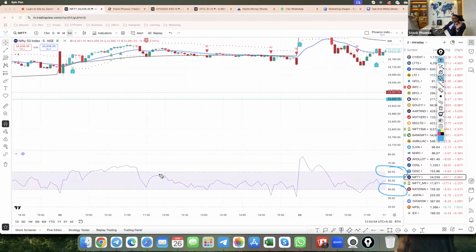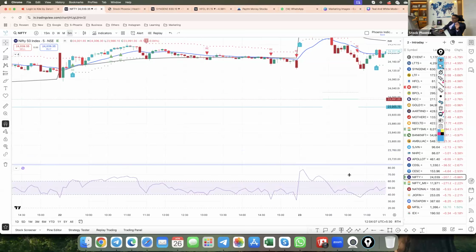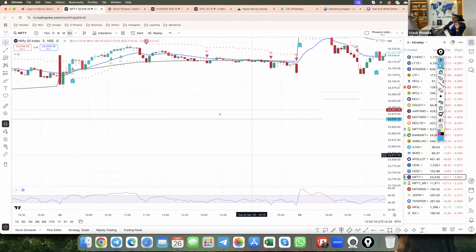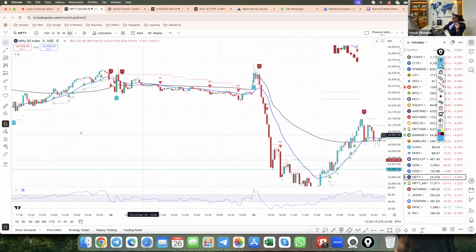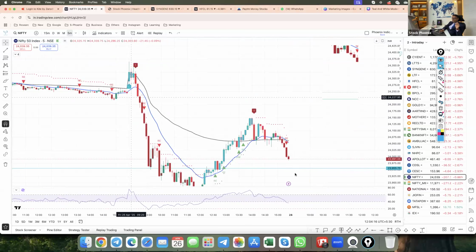Whenever RSI is trading in the range of 40 and 60, that is a muted market. Whenever there is a trending market, RSI will not trade between these zones.